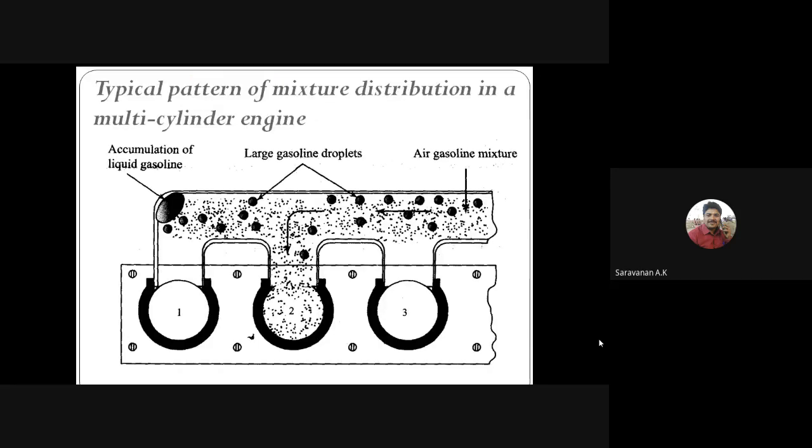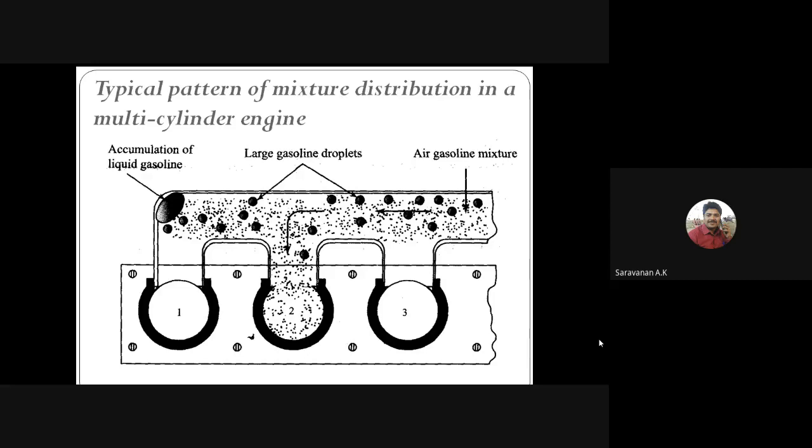In carburetor engines, the uniformity of the air fuel mixture strength is very difficult to realize in each cylinder of multi-cylinder engines. In a single cylinder engine, the carburetor supplies the air fuel mixture into the inlet manifold, and the mixture goes directly to the engine cylinder.